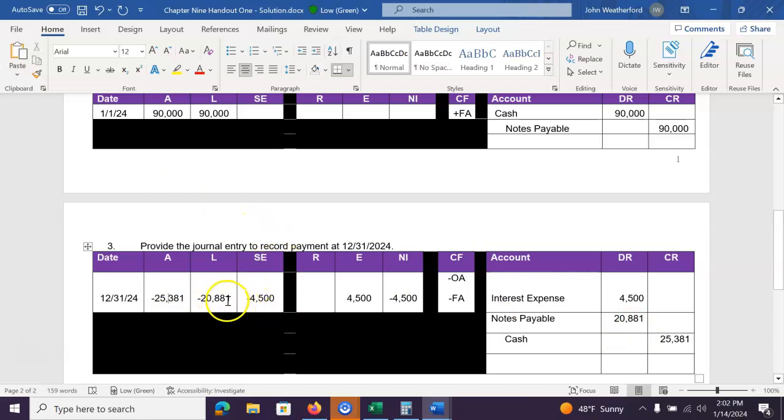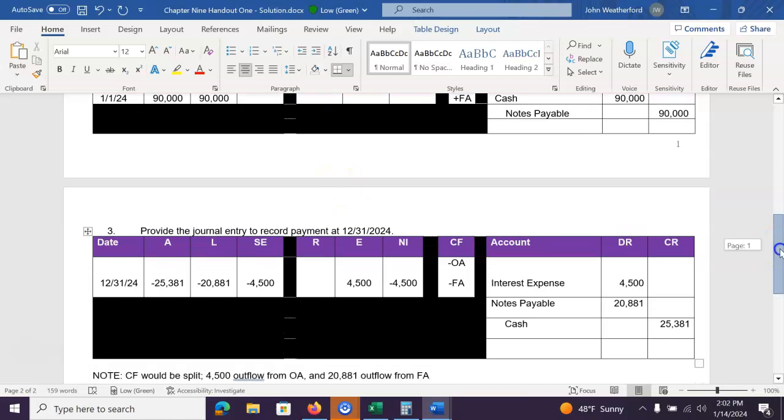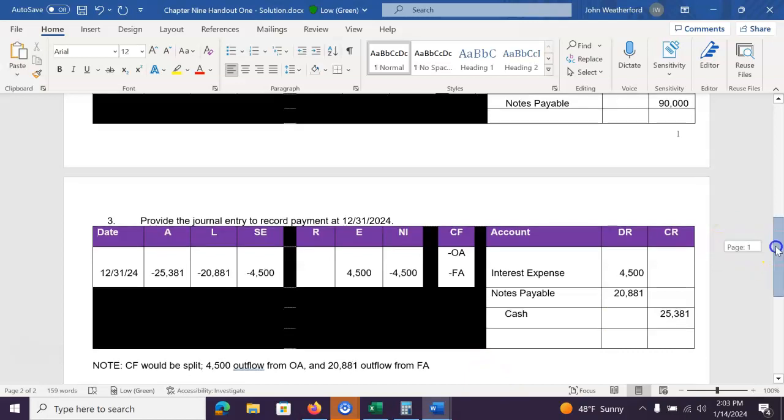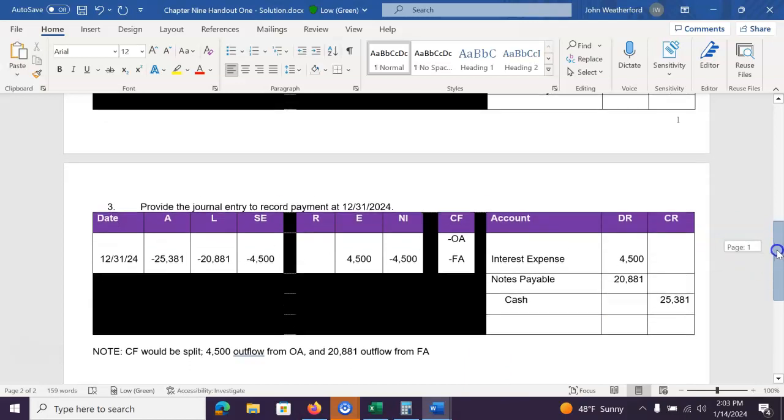Notice that balances. If you add these two together, that'll balance the accounting equation. And our note here, cash flow would be split like we already talked about. The $4,500 outflow would be from operating activities, and then the $20,881 is a financing activity. Both outflows of cash here.